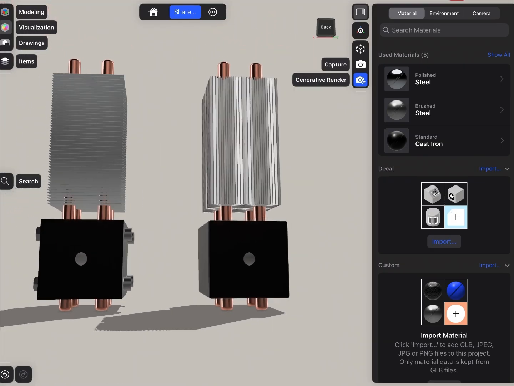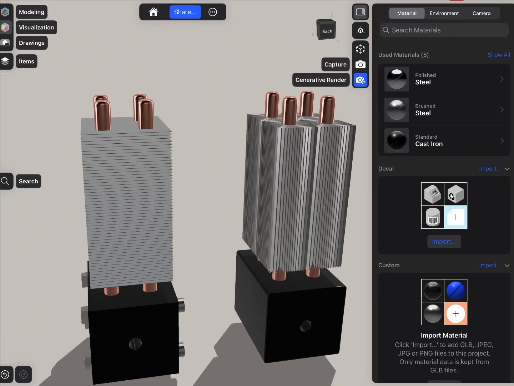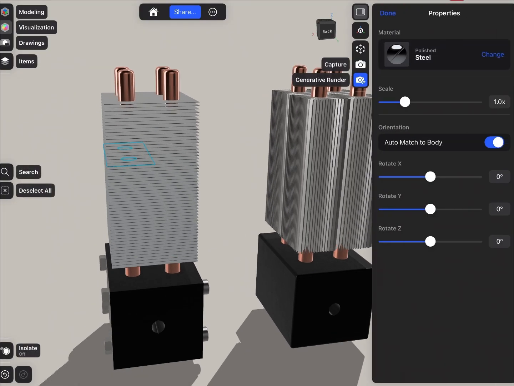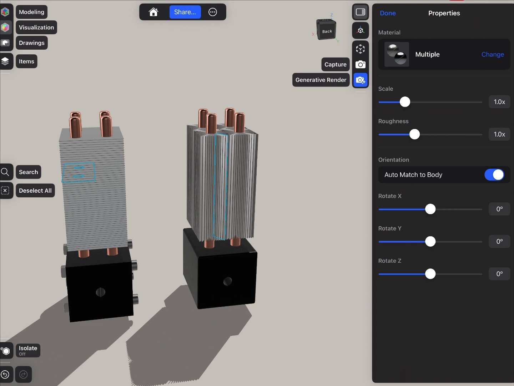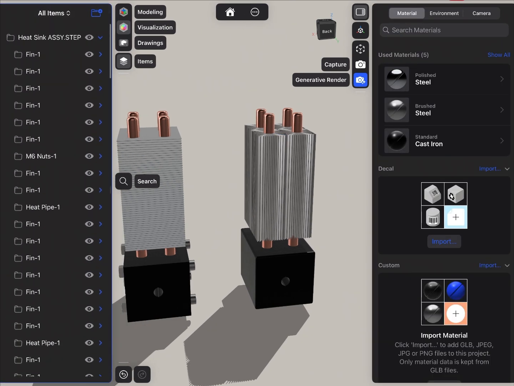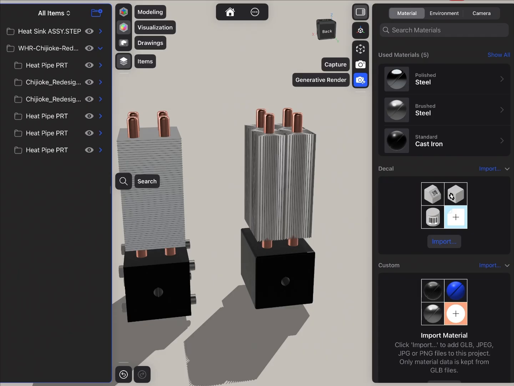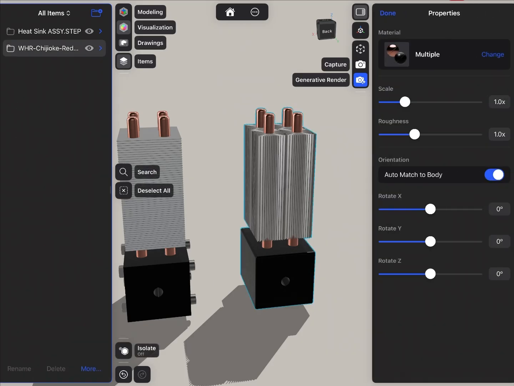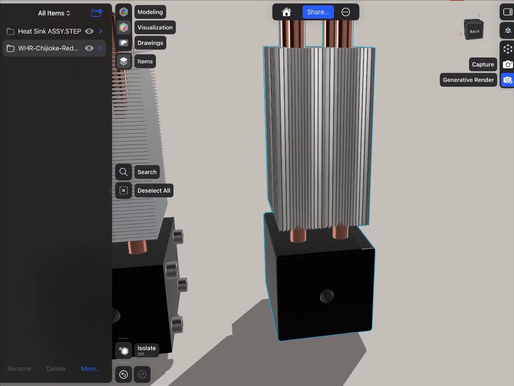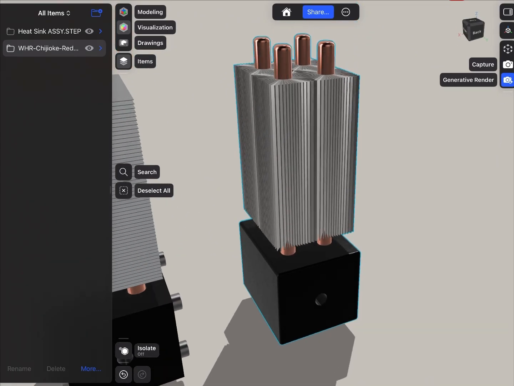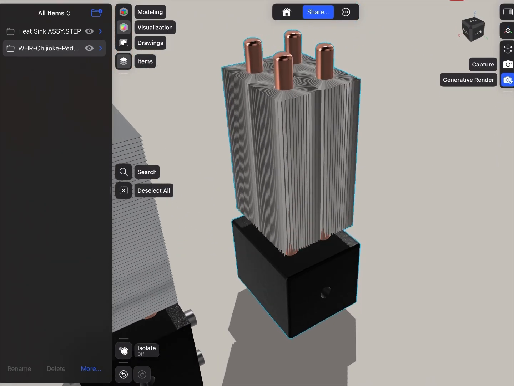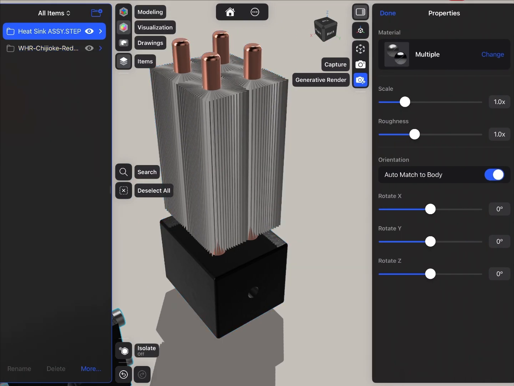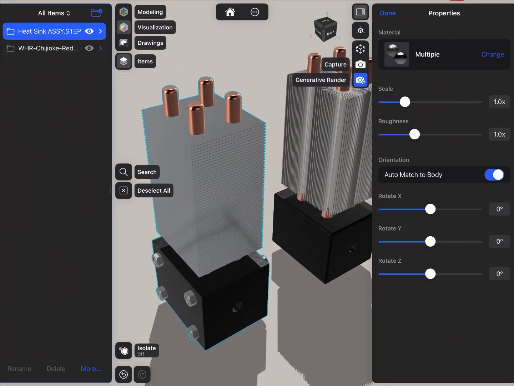So basically, I needed to redesign this assembly, and this is the idea I came up with. This is my redesign right here, highlighted. And this is the old design.